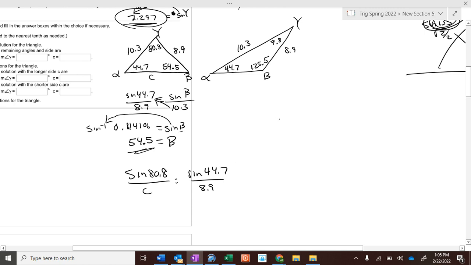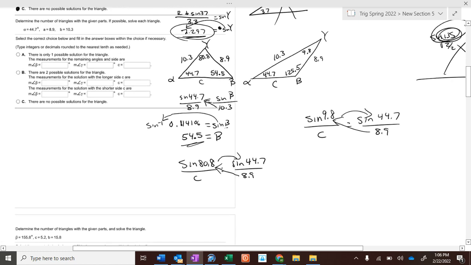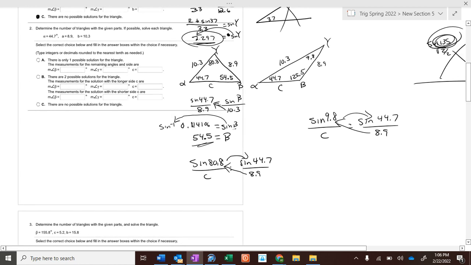Okay? And then over here, I'll take the sine of 9.8. Sine of 9.8 divided by C equals the sine of 44.7 over 8.9. So take this times this divided by this, and this times this divided by this, and then what do you get? Yeah, numbers.